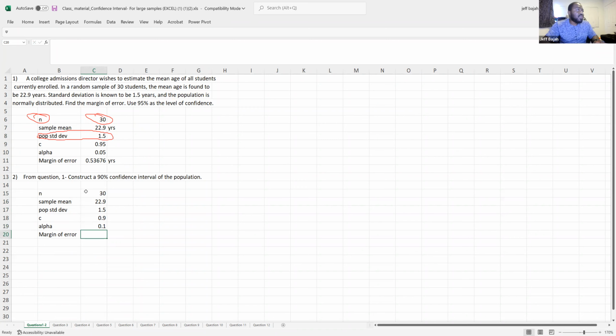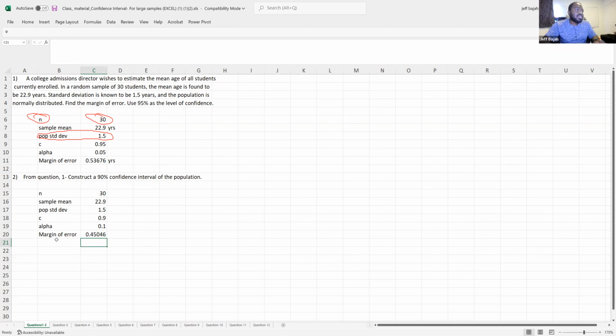Now, to find the margin of error for the 90% confidence interval, it will be equal to CONFIDENCE.NORM, because we know that it's using z-test. We'll put our alpha, we put our standard deviation, and we put our size. And so you can see our margin of error is about 0.45.